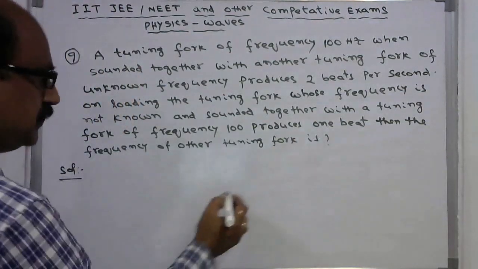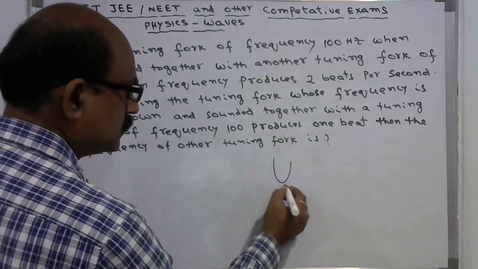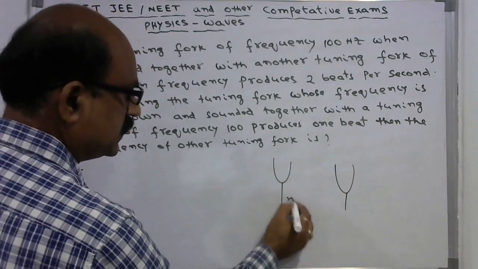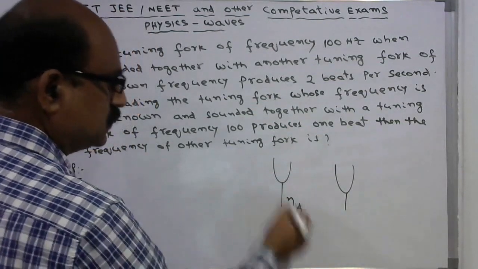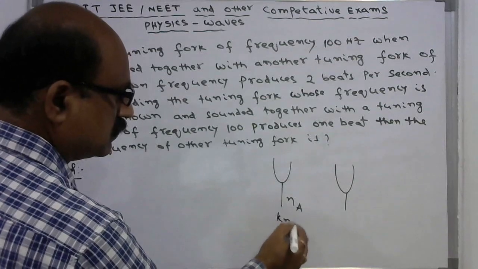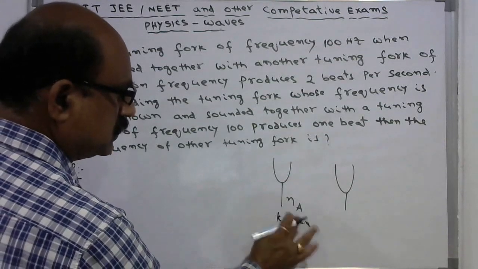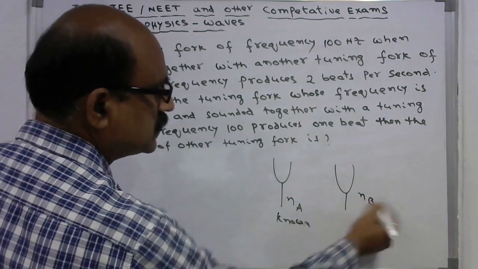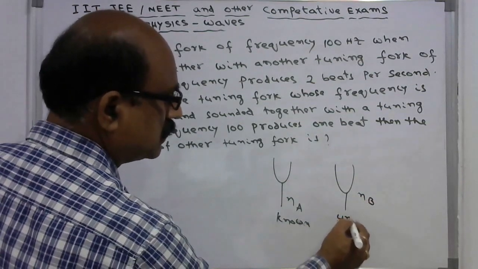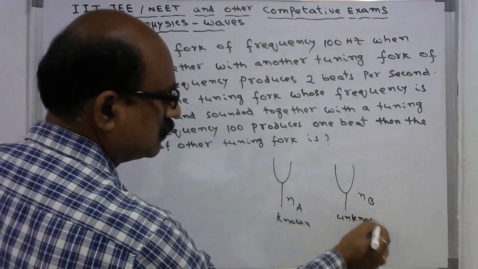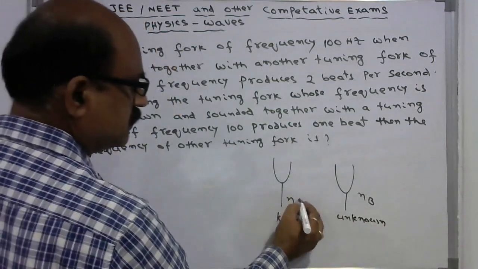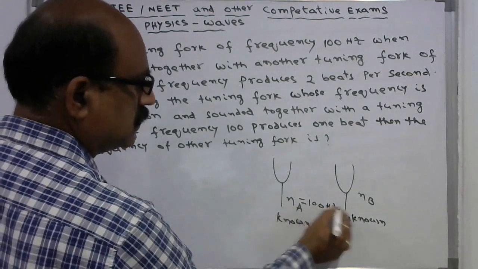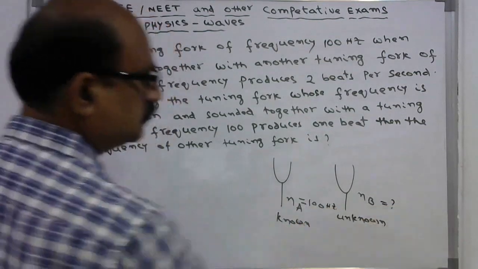See here, there are two tuning forks. One is known. I write here this is N_A, frequency of known, and this is unknown. I write the frequency of this as N_B, unknown. The frequency of this is given as 100 Hz, and you have to find this one.